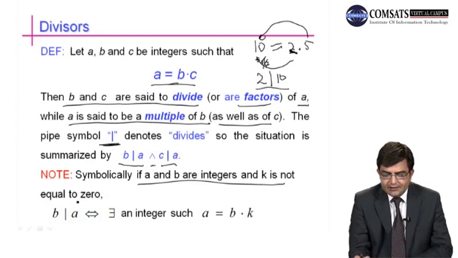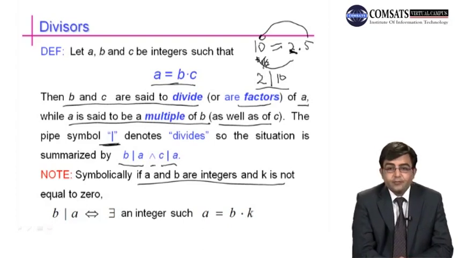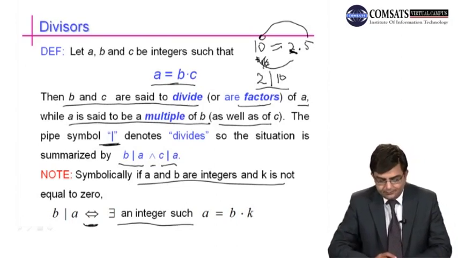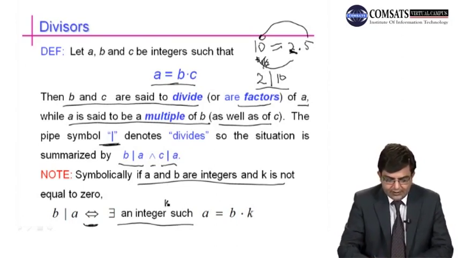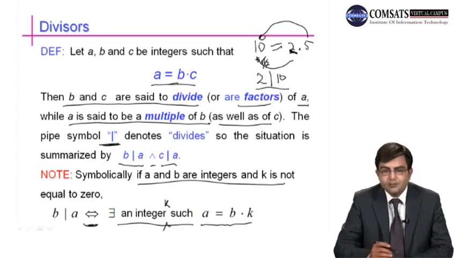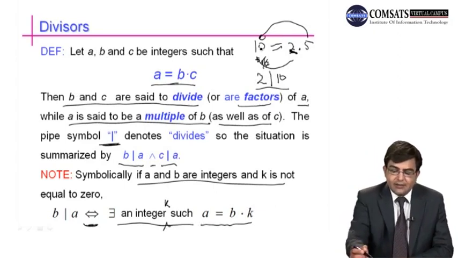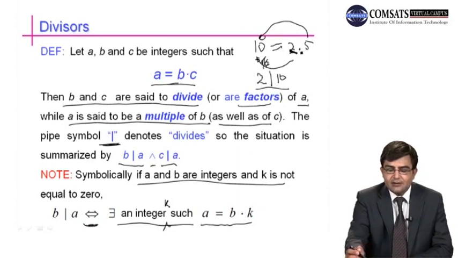Symbolically, A and B are integers and B is not equal to 0. Then B divides A, this symbol, means if and only if there exists some integer K such that A can be written as the product of B and K. In the same example, 10 can be written as 2 into 5.